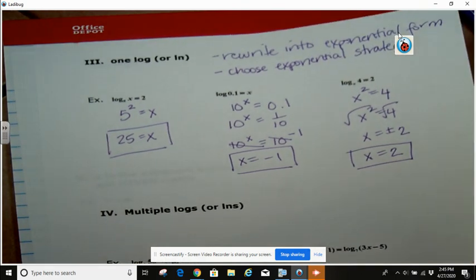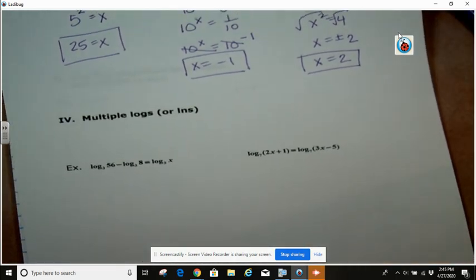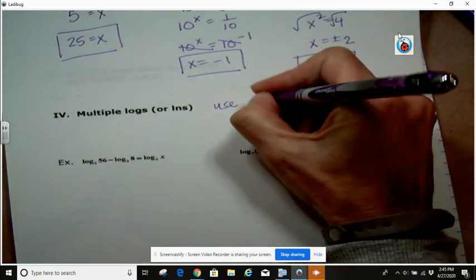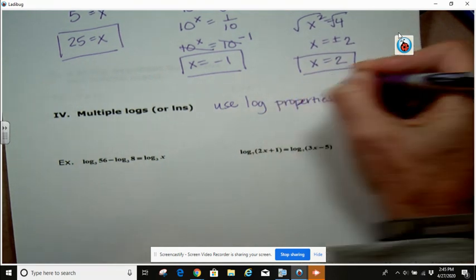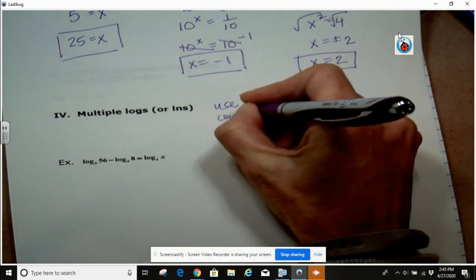The next type of log equation is if we have more than one log. So here's where those log properties from last week are really going to come in handy. We're going to use our log properties to condense.